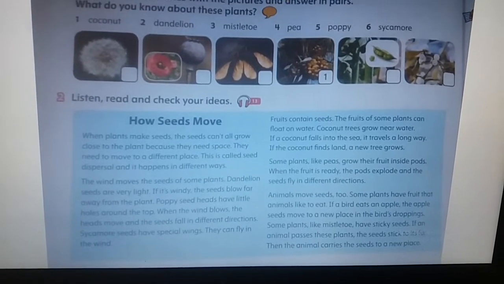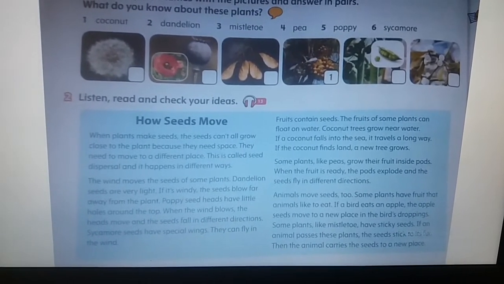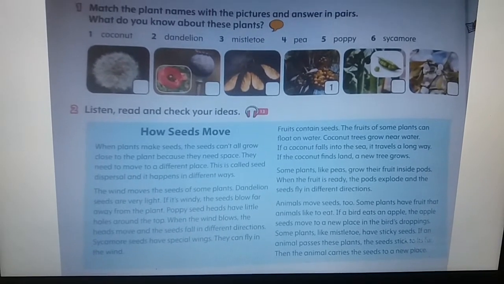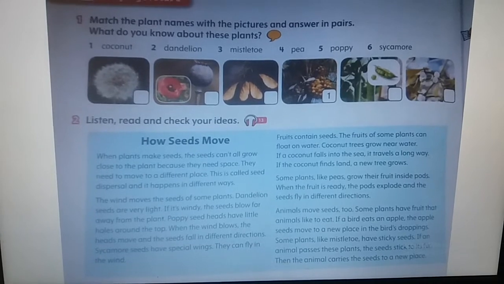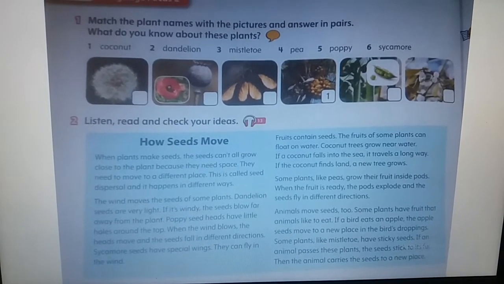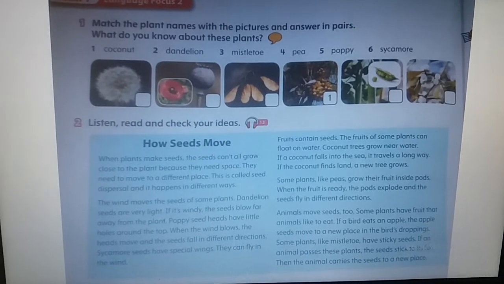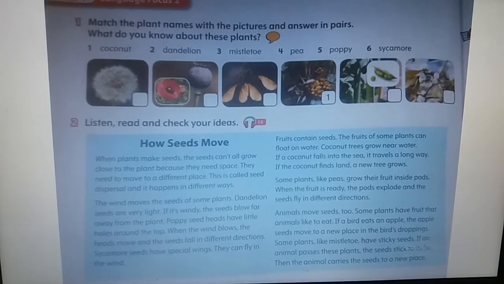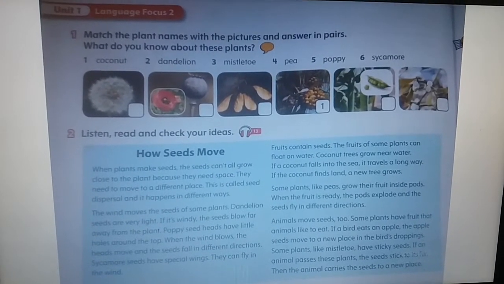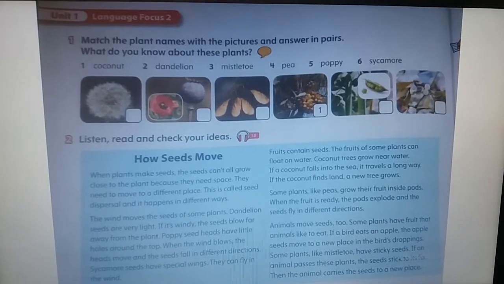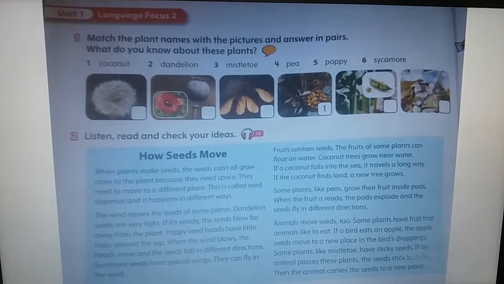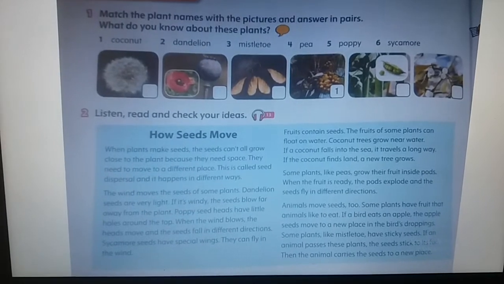Dandelion seeds are very light. If it's windy, the seeds blow far away from the plant. Poppy seed heads have little holes around the top. When the wind blows, the heads move and the seeds fall in different directions. Sycamore seeds have special wings. They can fly in the wind.